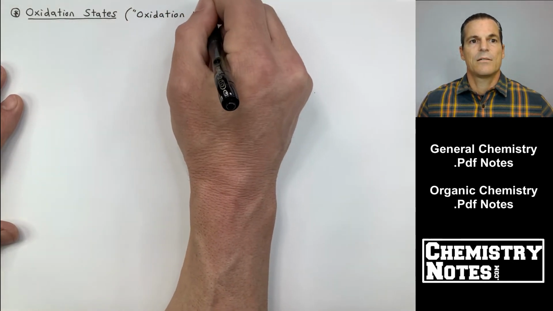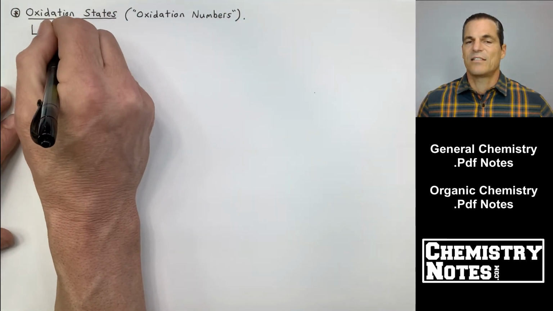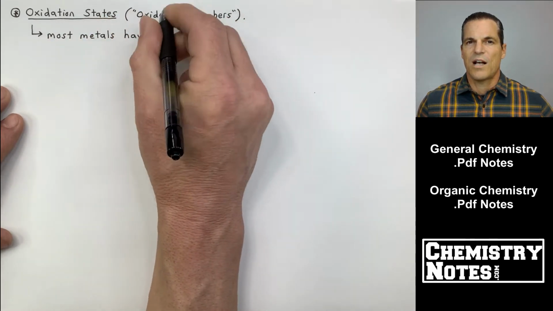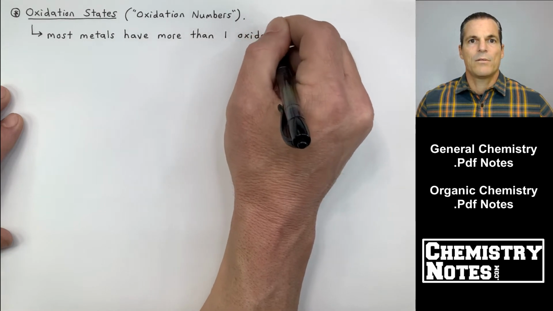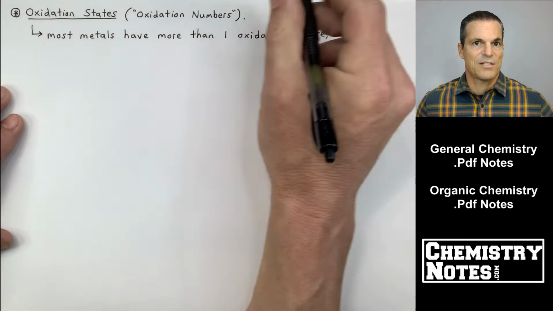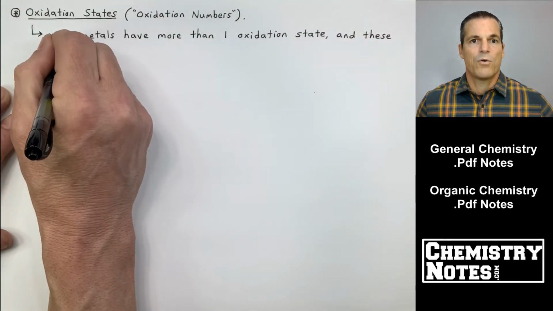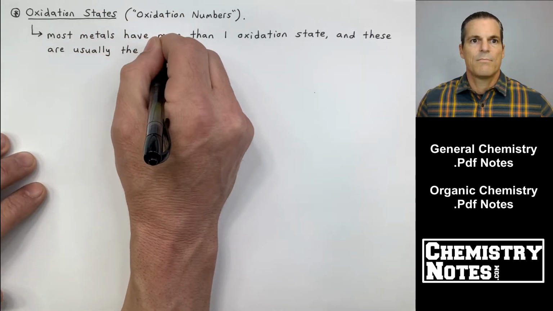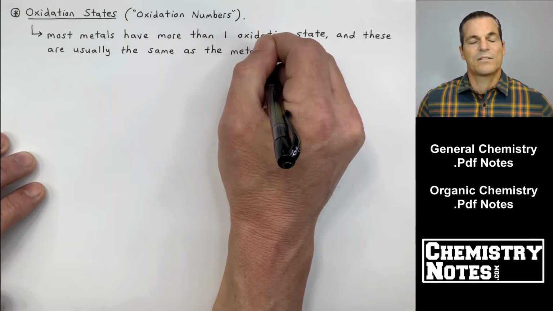All right, the next topic for review for transition metals is oxidation states. Oxidation state is also referred to as oxidation number. And for the most part, a metal is going to take the same oxidation state as the charge it's carrying at that time. So it says most metals have more than one oxidation state. They also have multiple charges, right? Most transition metals anyway have multiple charges, so they can have more than one oxidation state.